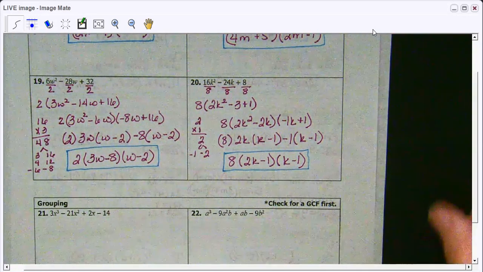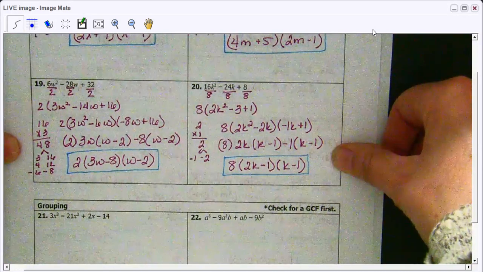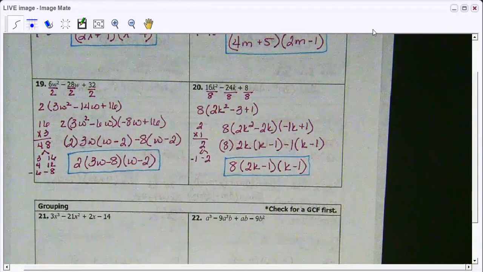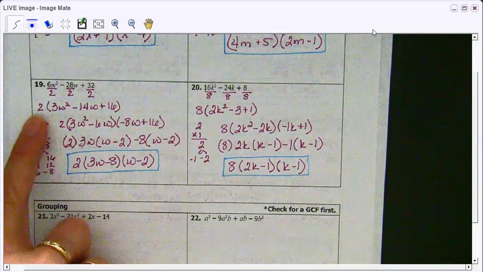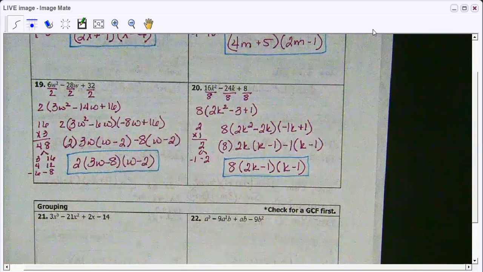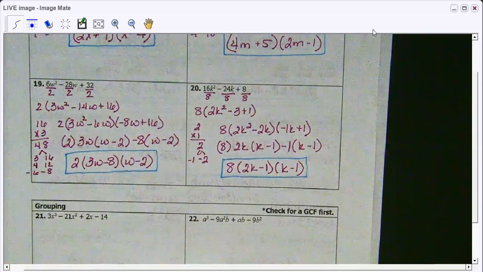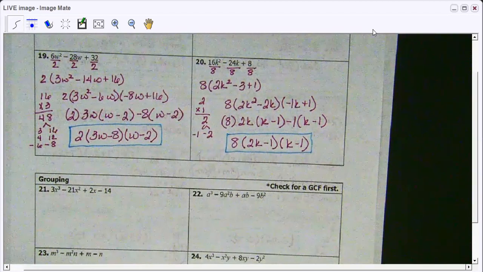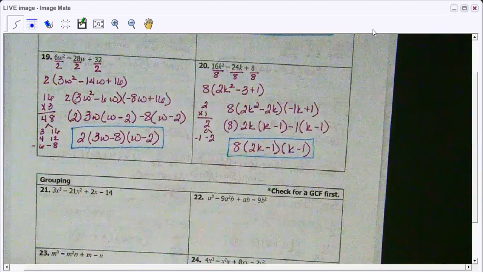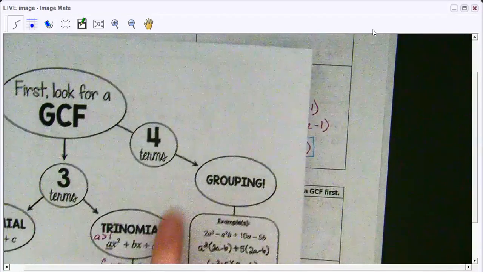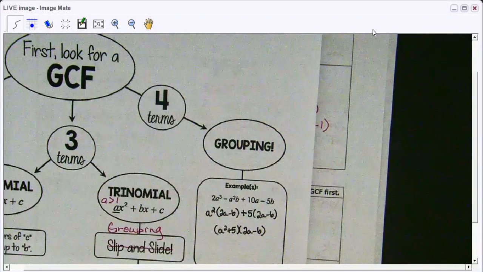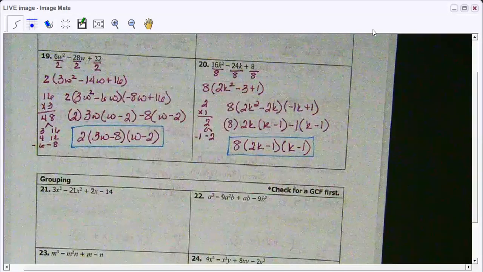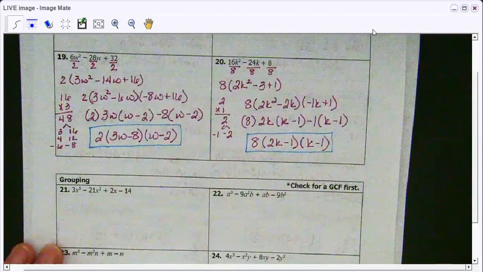This is probably as difficult as they should get, these two right here, because when we move down to 21 through 24, we're skipping a step right here. So we go straight into the grouping rather than finding the common factors and all that. So if you need help on 21 through 24, look at your graphic organizer under grouping, and it shows you how to do this. Okay. All right. So go ahead and do those last four.